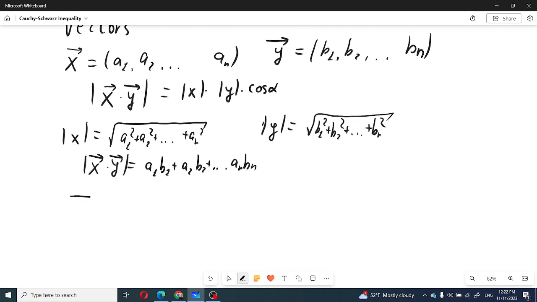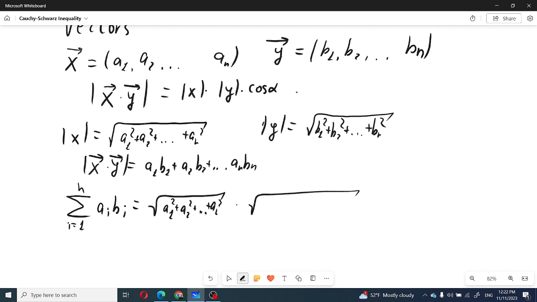The sum of ai bi, i equals from 1 to n, equals the square root of a1 square plus a2 square plus all the way to an square, times the square root of b1 square plus b2 square all the way up to bn square, times cosine of alpha.